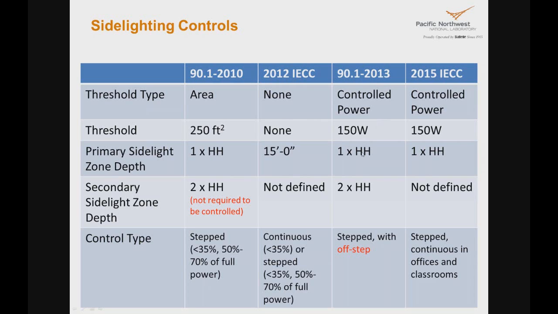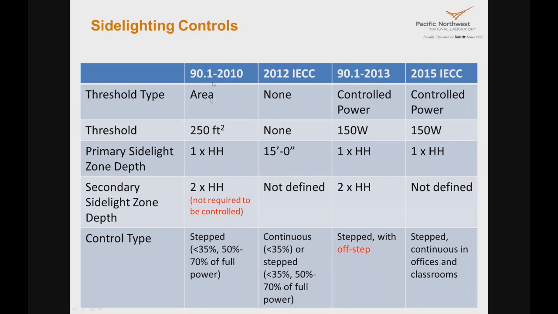So that's the major difference between 2013 and 2010. Again, the primary and secondary side light zone definitions did not change between 2013 and 2010, but the major difference was that now the secondary side lighted zone was also required to be controlled in 2013, and you're required to have an off step in your controls.